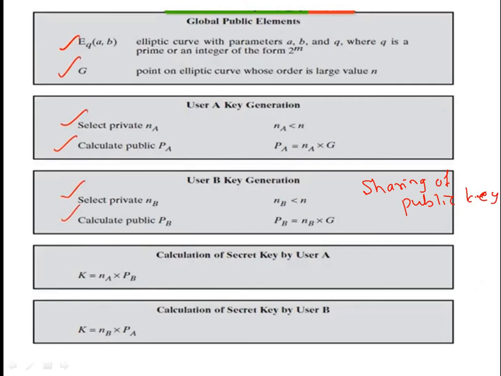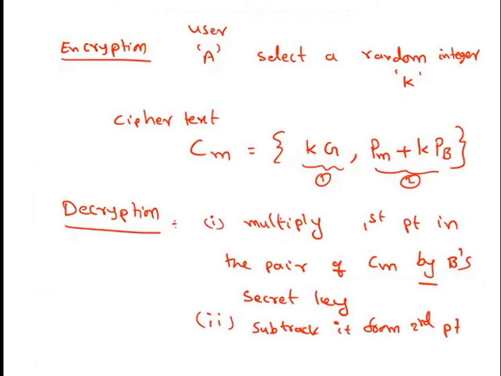After the sharing of public keys, we will calculate the secret keys. So the secret key is being calculated between user A and user B. If both are same, then we call it key exchange. Okay, so this is the overall prospectus of the Diffie-Hellman algorithm.